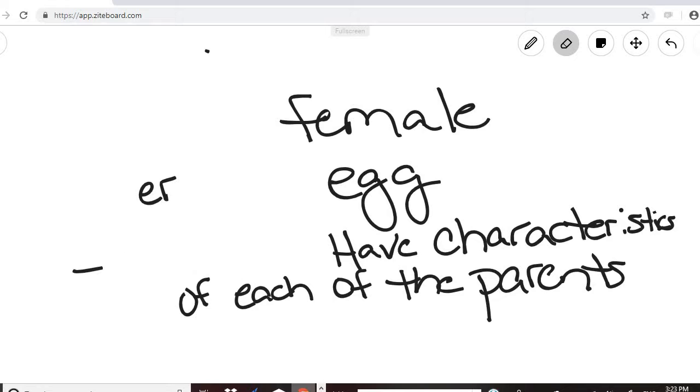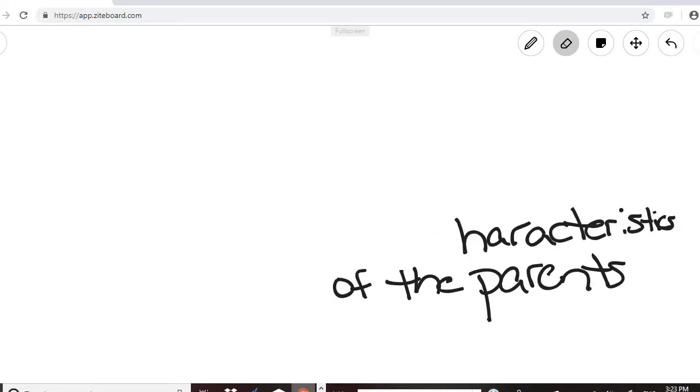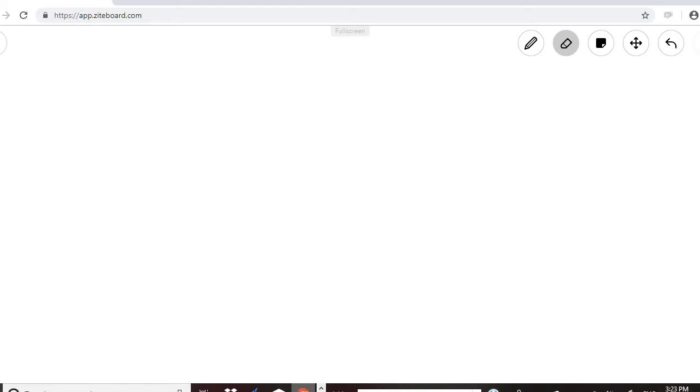Okay, so what we're going to do then is look at each of these processes, and before we do that, the first thing that we need to talk about is a chromosome.